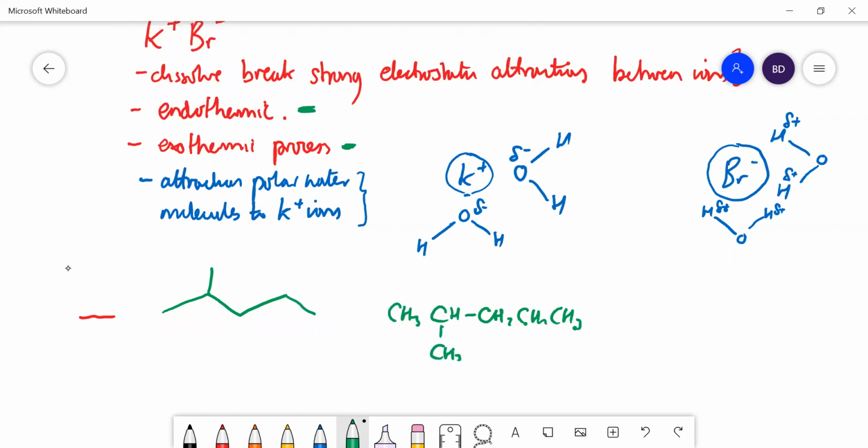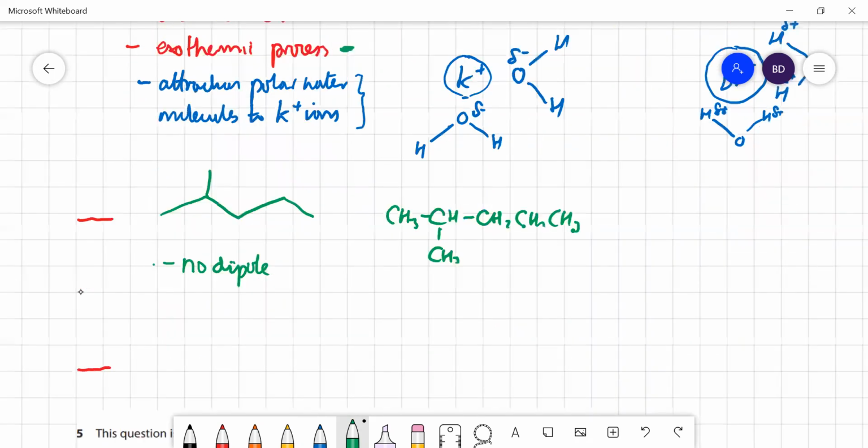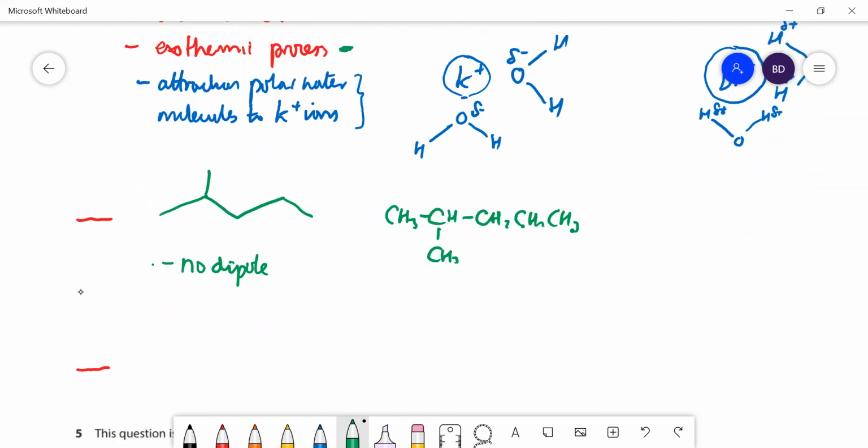All you've got there are carbons and hydrogens. They're approximately the same electronegativity, so there's no dipole in that molecule. That means the only kind of intermolecular forces you're going to get are London forces.